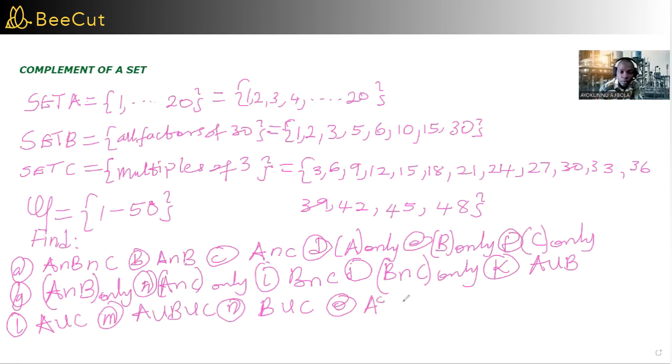And say find B complement. They can also ask you to find C complement.